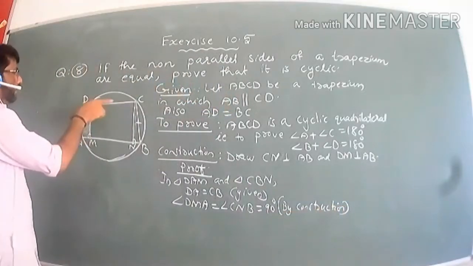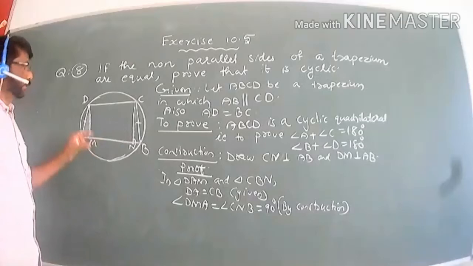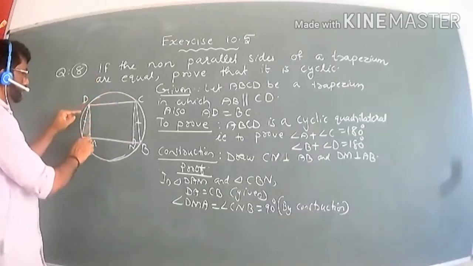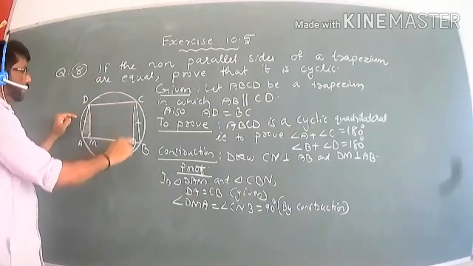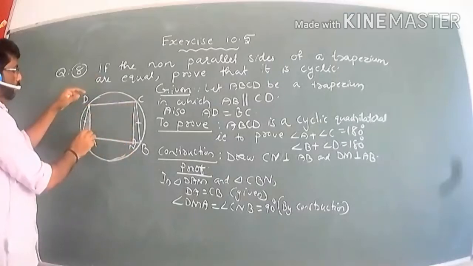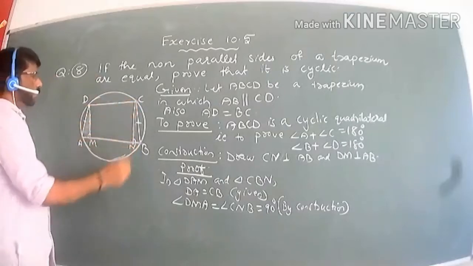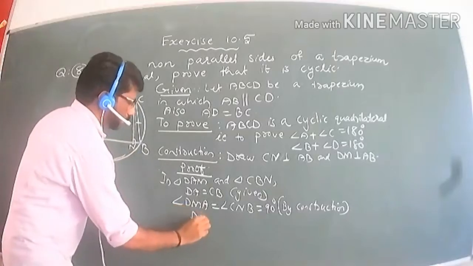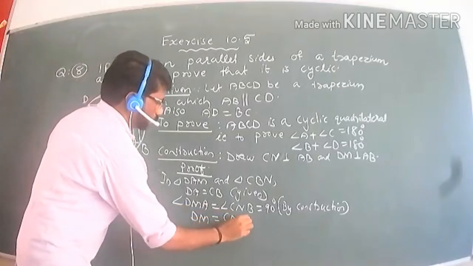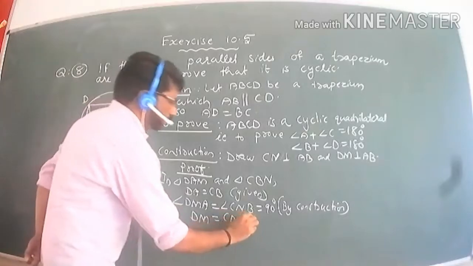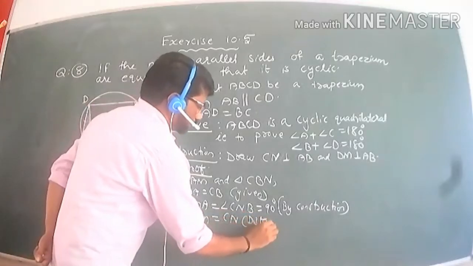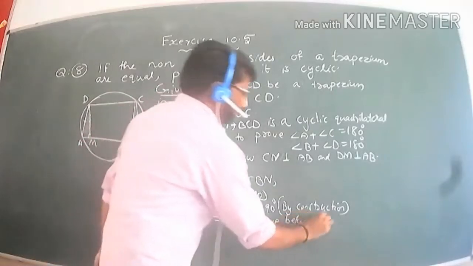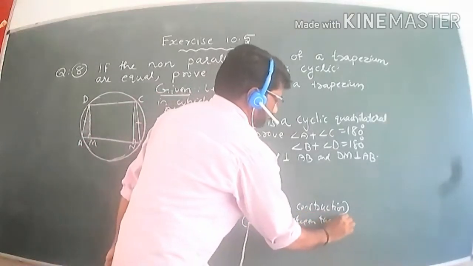And you know, DC and AB are parallel, so the distance between the parallel lines will always be the same. Or we can say, since DM is perpendicular and CN also perpendicular, then CN and DM will be equal. So we can write DM is equal to CN. If you want to write the reason, distance between two parallel lines.